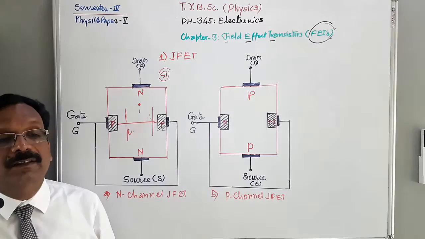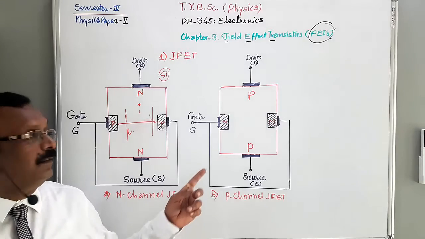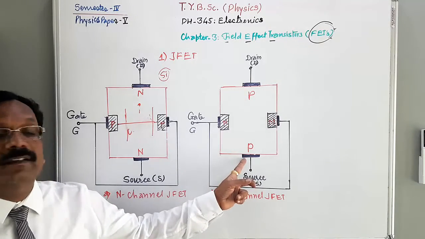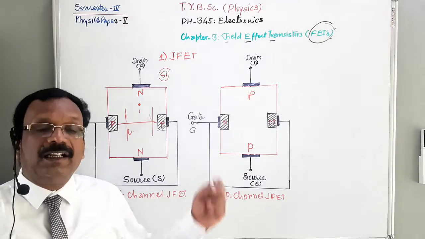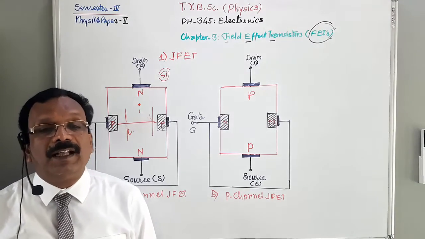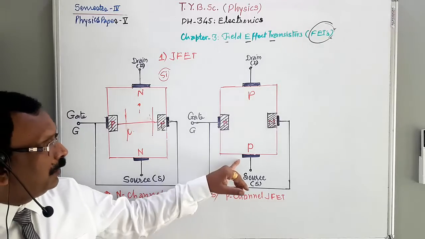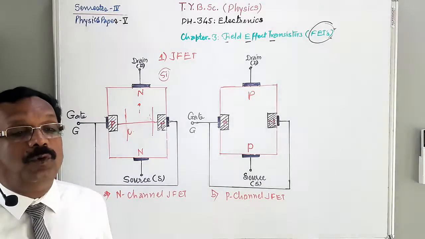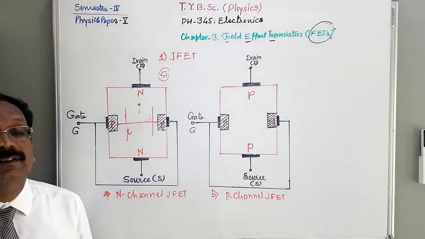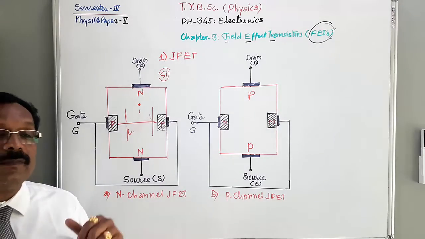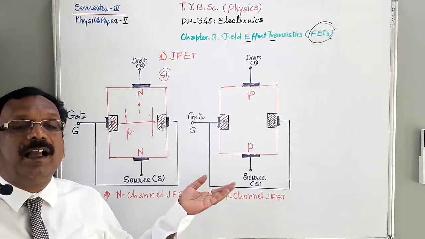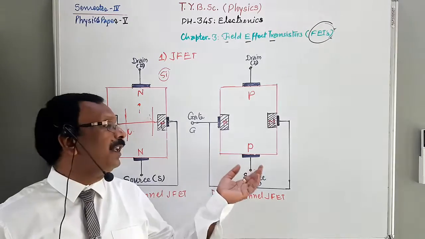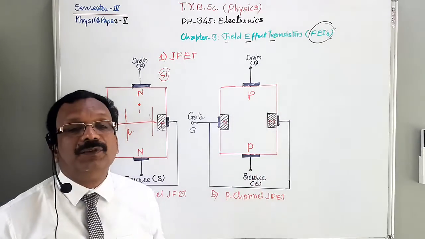The electrical connections, here and here, called ohmic contacts, are made at both ends of the P type semiconductor and taken out in the form of two terminals called drain and source.